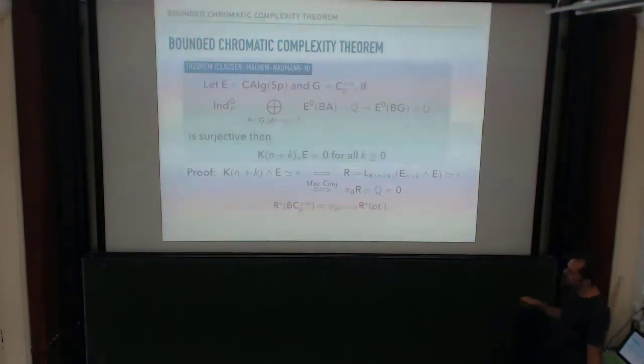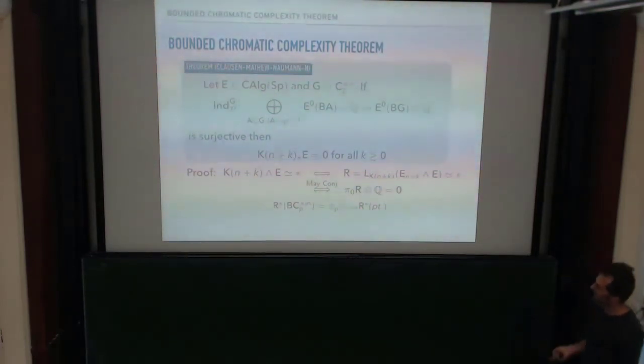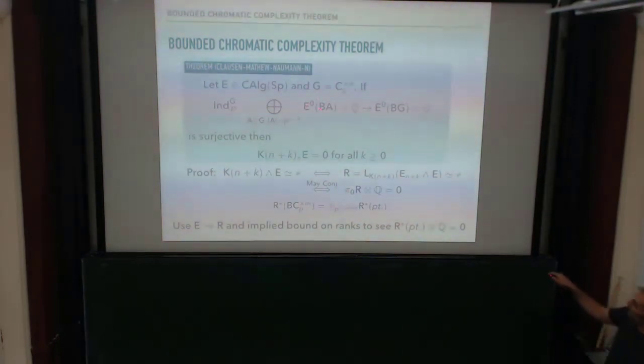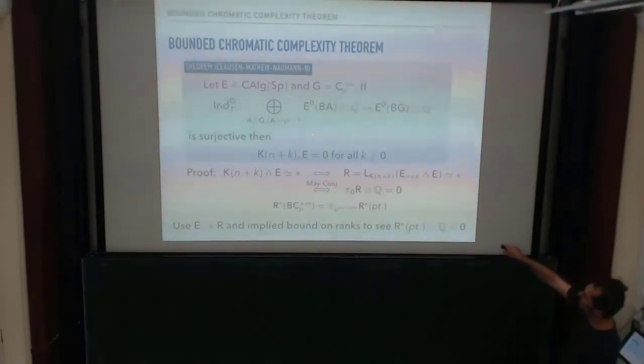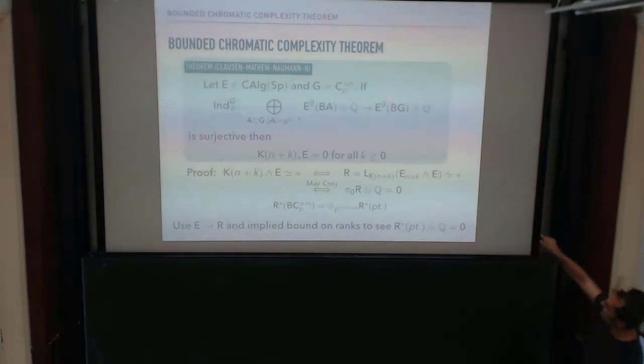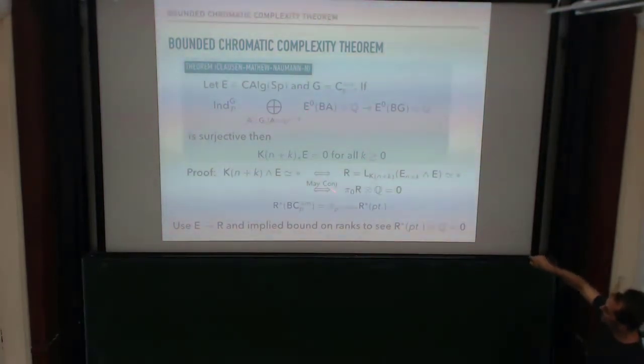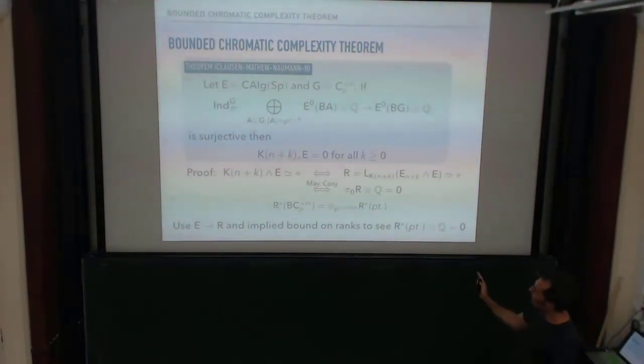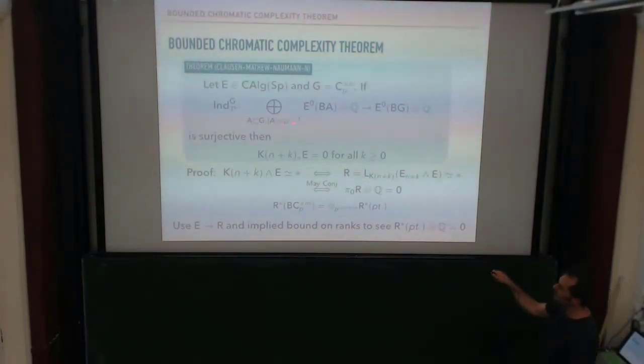And I can actually count the rank. Now I get a map from E to R, so I'll get a commutative diagram of transfer maps. The rational surjectivity over here will imply the rational surjectivity for the diagram where E has been replaced by R. But now I have a surjection between two free modules, and I can just calculate the ranks.